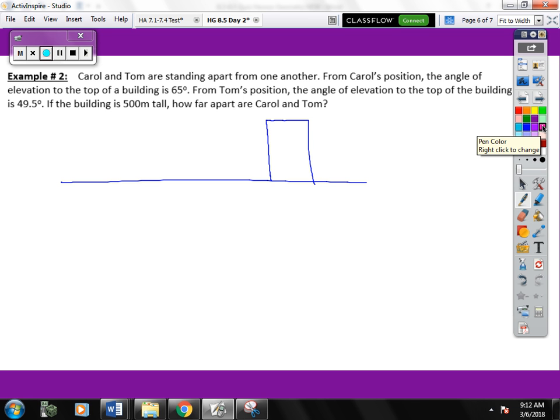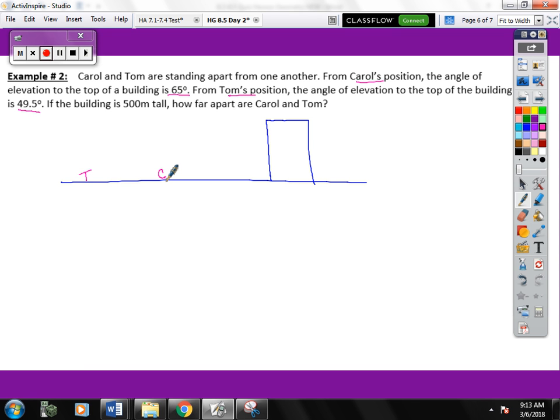Carol, her angle of elevation is 65, and Tom's angle of elevation is 49.5. Carol? Carol comes first. Why? And when I say first, do you mean here or here? First in the list? No, she's closer to the building. Yes, she is going to be closer to the building.